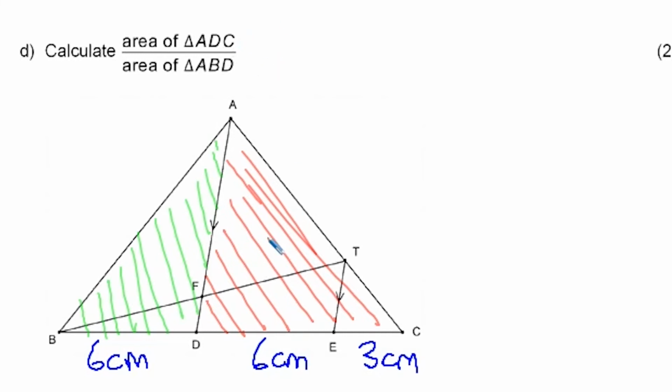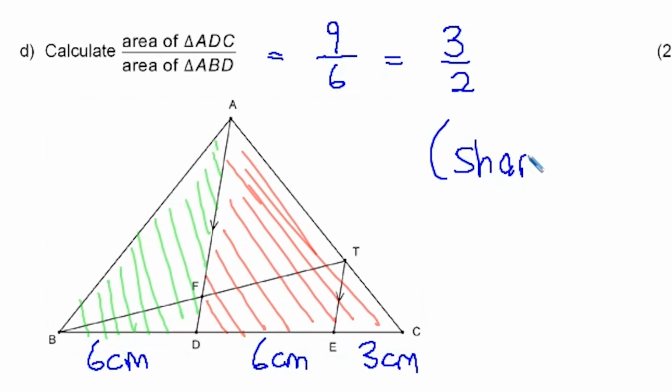In fact, we've got the red one over the green one. The red one's base is 9, the green one's base is 6. That can obviously simplify to 3/2. The reason for this is shared height.